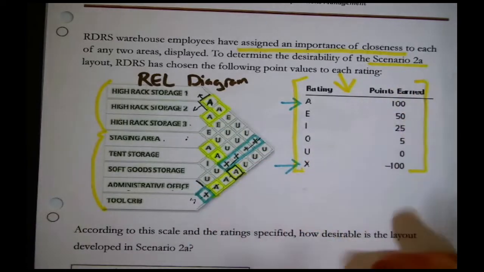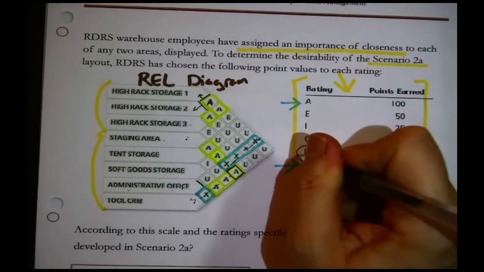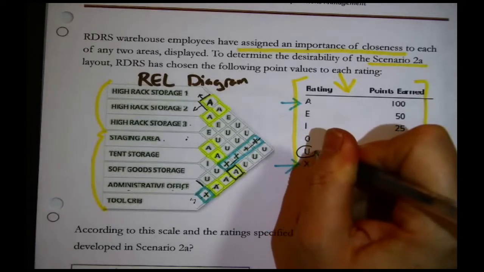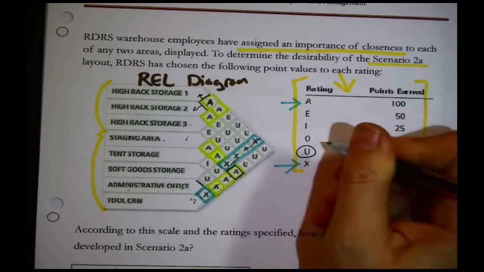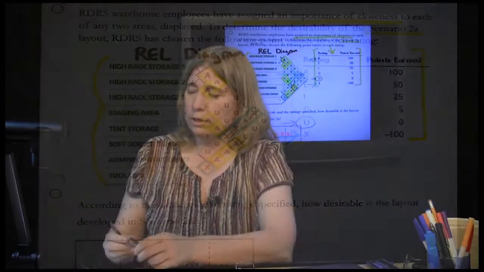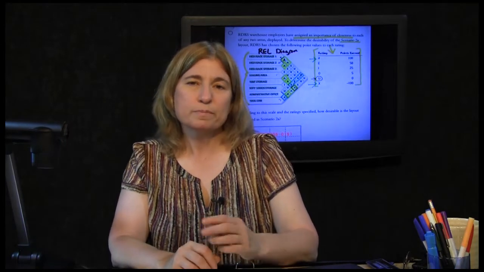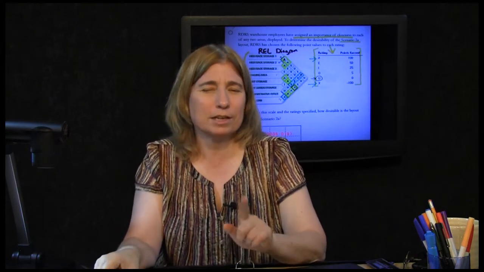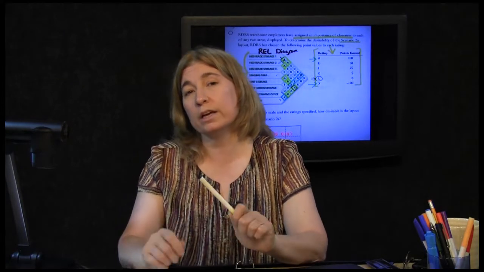Okay, anyway, one last little comment about interpreting this scale before we do the work that they asked for is U. The closeness rating of U is meant to be short for unimportant. It's an important tipping point in that if two departments are given a letter grade of U, what it means is that it's unimportant whether they're neighbors, meaning that they don't care.